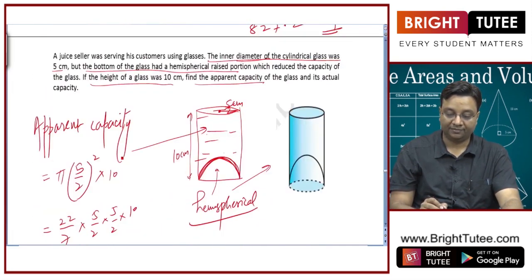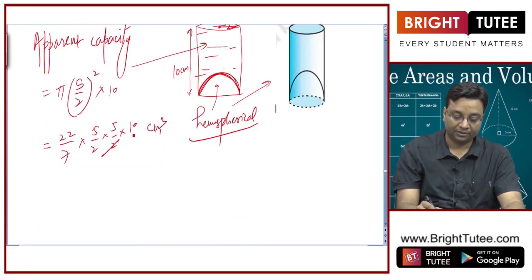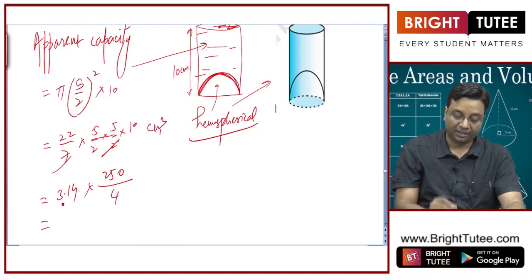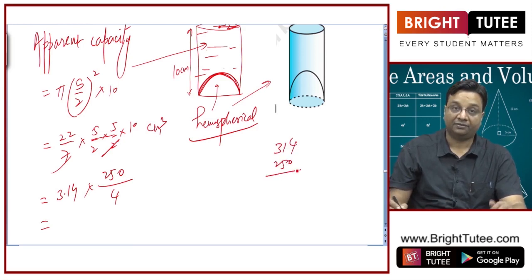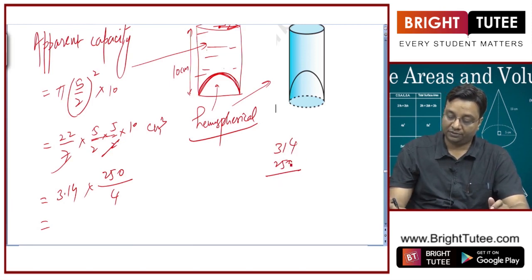This capacity is in centimeter cubed, right. So what we can do is, 5 into 5 is 25, so 250 by 4 into, this is approximately 3.14, right. So let's multiply 250 with 3.14, then we will proceed ahead. After that we will divide by 4, right?